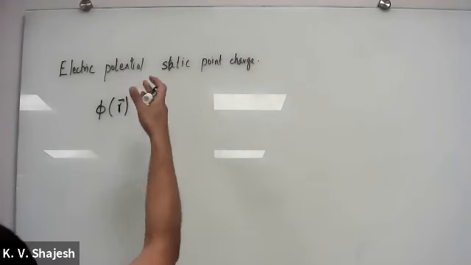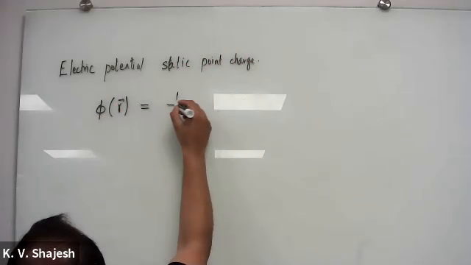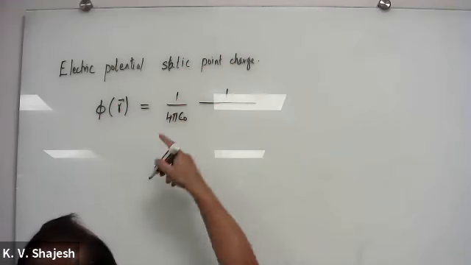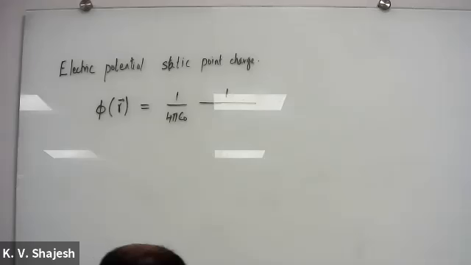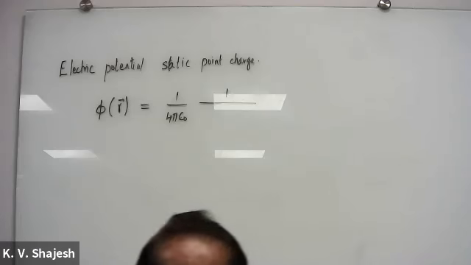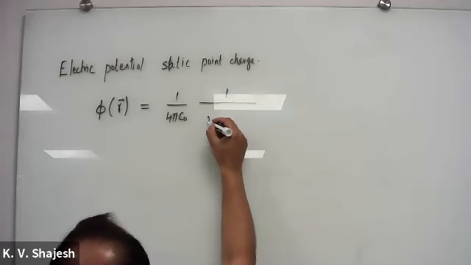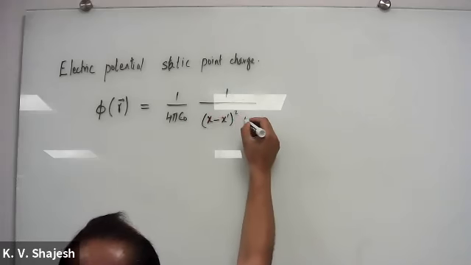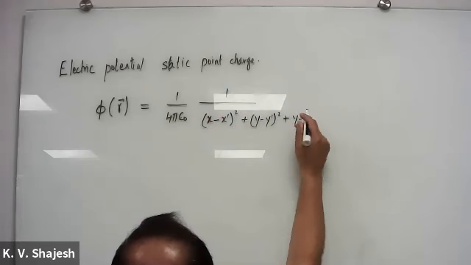r is the observation point, and that's equal to 1 over 4 pi epsilon naught. If r prime is the point at which the charge is sitting, then we have, let me write this explicitly, r minus r prime, of course, but this is x minus x prime plus y minus y prime squared plus z minus z prime squared.